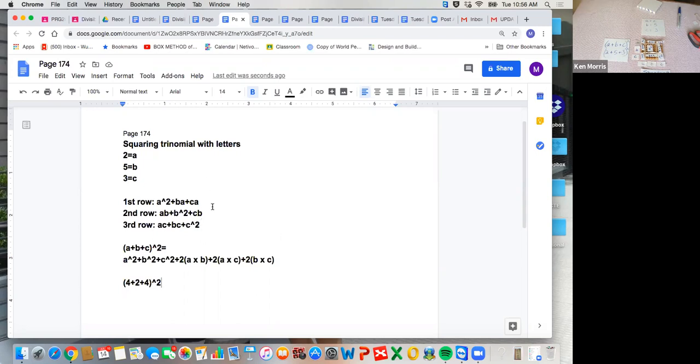It would be the same thing, okay? So this gives you a rule for discovering the value of squaring a trinomial, all right? No matter what the numbers are.